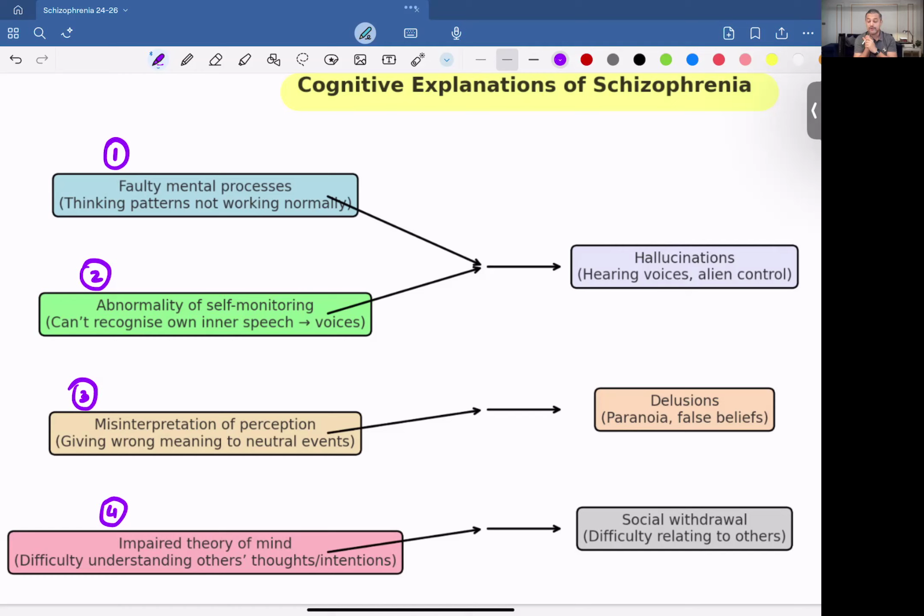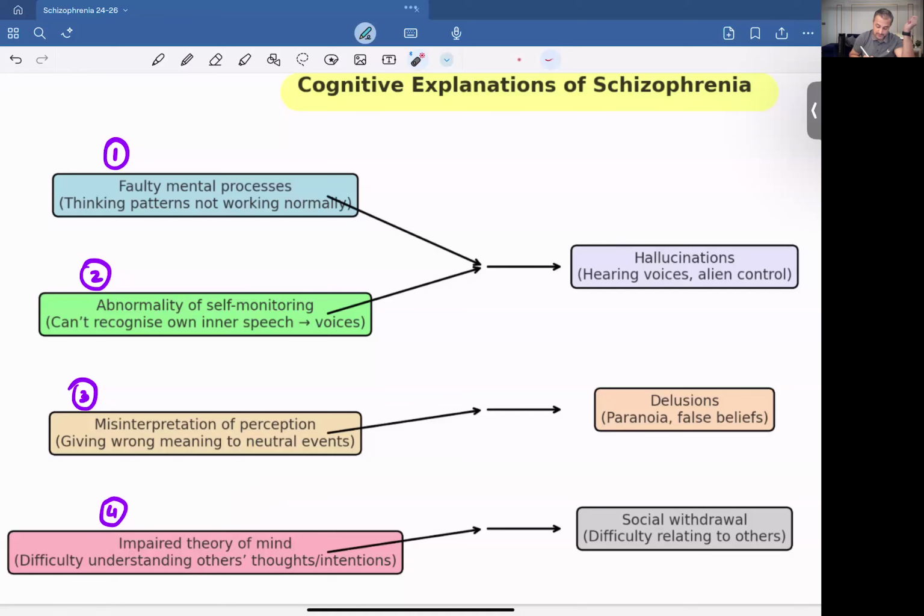Remember, this study had to do with theory of mind. For the ones who still cannot recall, theory of mind has to do with your capacity, your potential, to empathize.